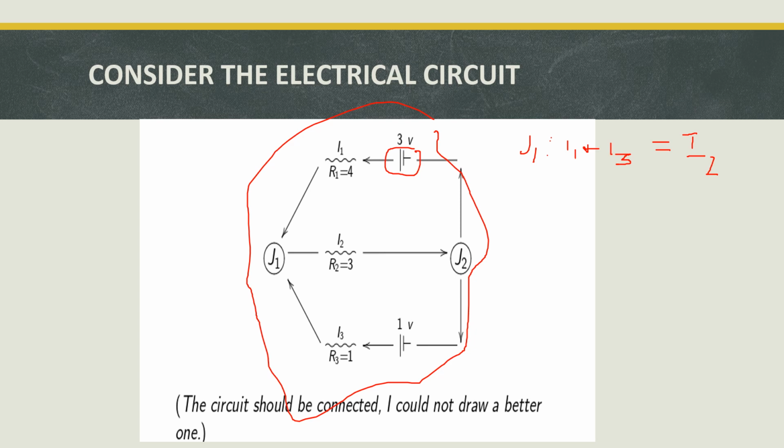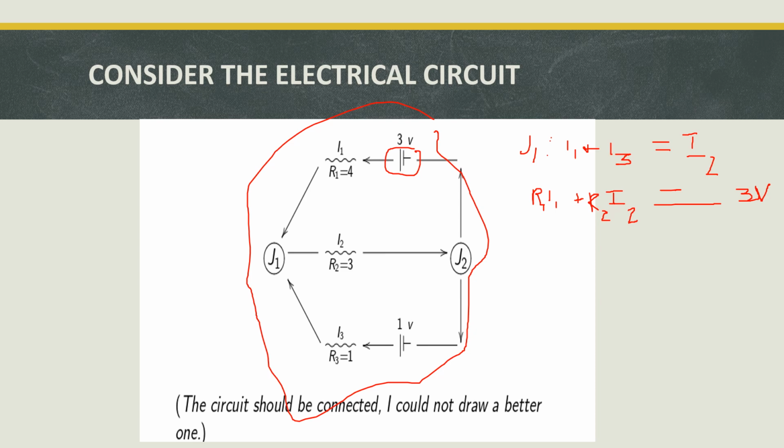Based on the arrow, the current 1 and the current 2 are moving towards this first battery, so that would be I sub 1 times R sub 1 plus R sub 2 times I sub 2 is equal to the voltage of the first battery. There are 3 voltage.